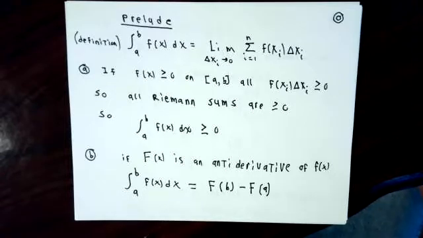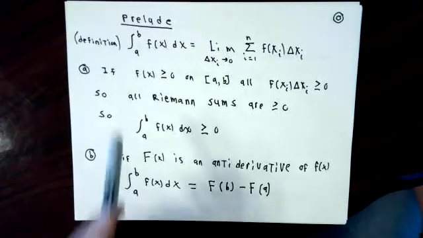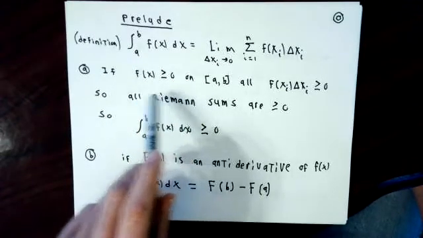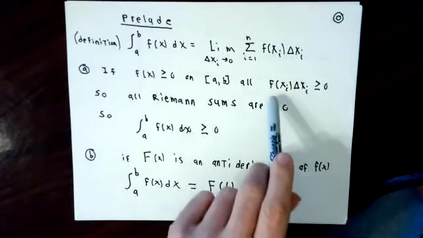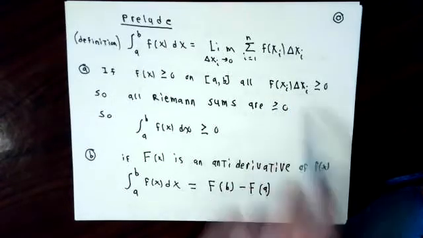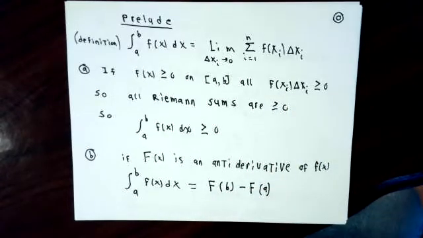That's the definition. Right now, I want to concentrate on a specific situation. If f of x is never negative for the x's that we're interested in, then because the widths delta x sub i are positive, these products can never be negative. They must be 0 or bigger.